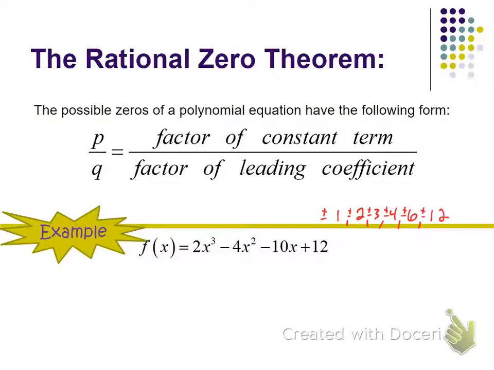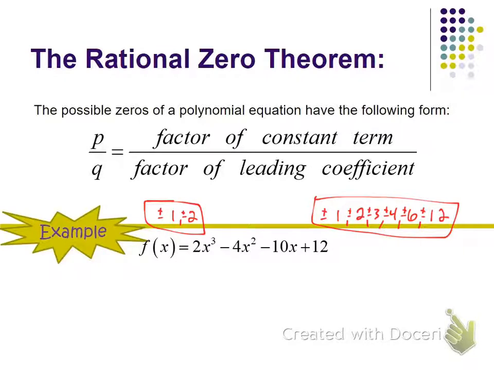And then we need factors of the 2. The factors of 2 are 1 and 2. And again, because we understand that two negatives can multiply to a positive, we got to make these plus or minus as well. Now, to come up with your possible zeros, we want to take these guys and put them over all of these guys, and that'll create our list of possible zeros.